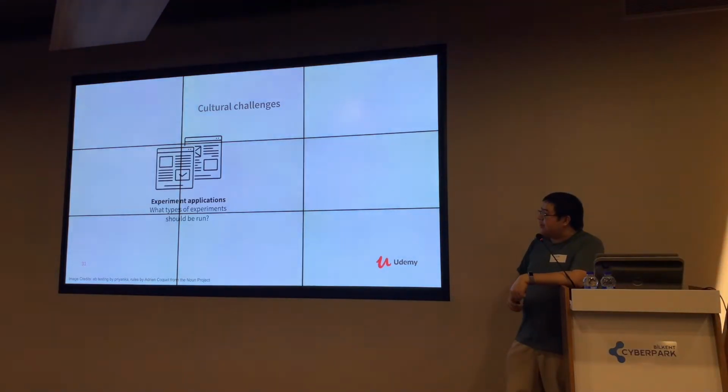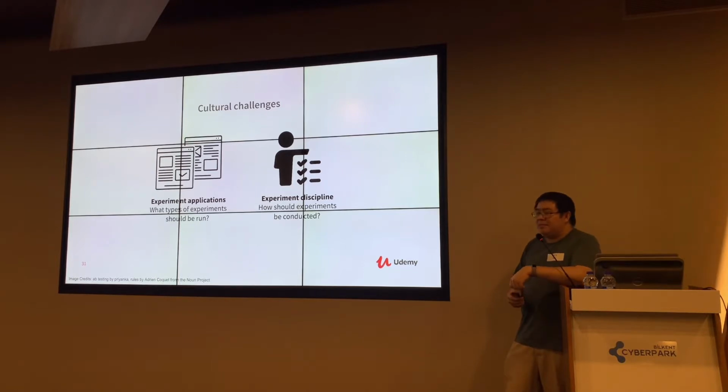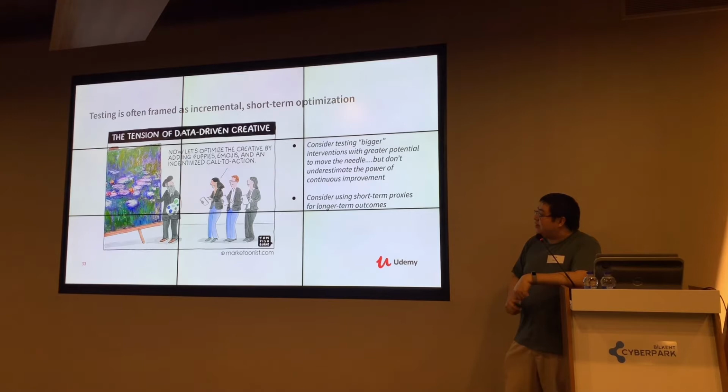Cultural challenges I'll bucket into two areas. One is, how do we think about applying experimentation and A/B testing in a company? And second, what is the discipline that's necessary for running experiments? How should these experiments actually be conducted? So let's start with experiment applications.